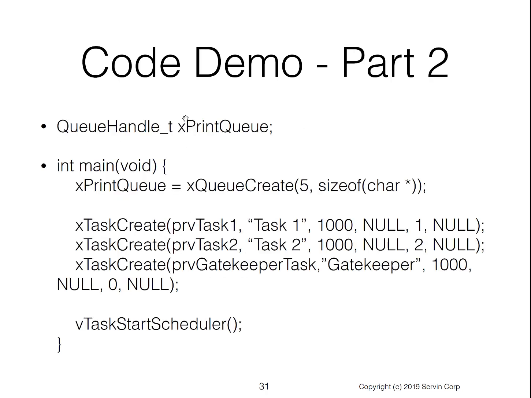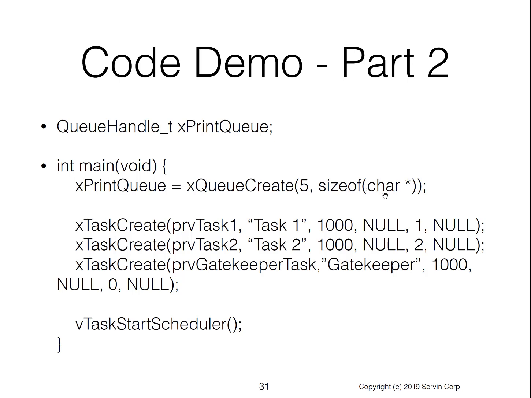Continuing this code demo, we have a print queue variable that we're setting up, and we have a queue handle that will represent that. When we come in, the first thing we do in our main program is queue create, saying we want 5 slots, and we tell it how big each slot should be.